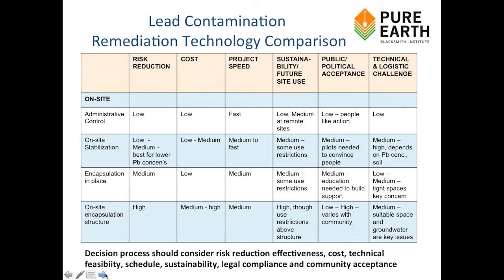This is an example of a chart of a matrix analysis where you factor in risk reduction effectiveness, cost, project speed, sustainability, public acceptance, and any technical and logistical challenges such as narrow alleys or a lack of availability of liners, that sort of thing.